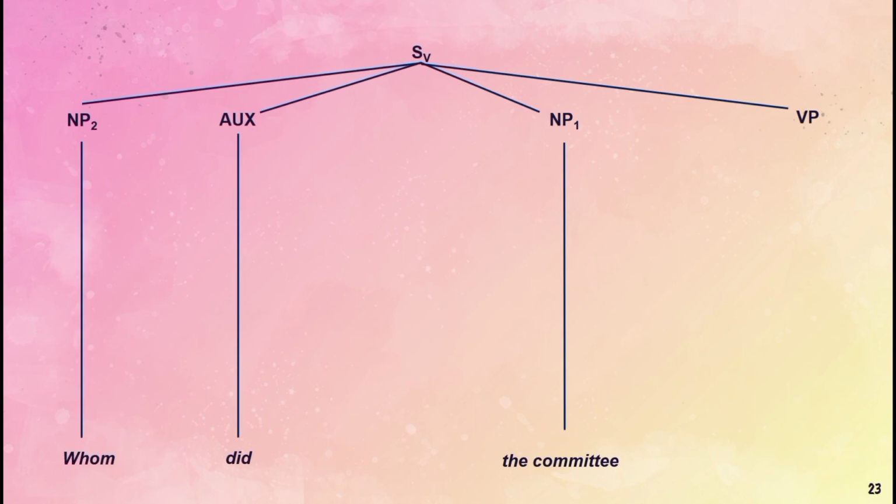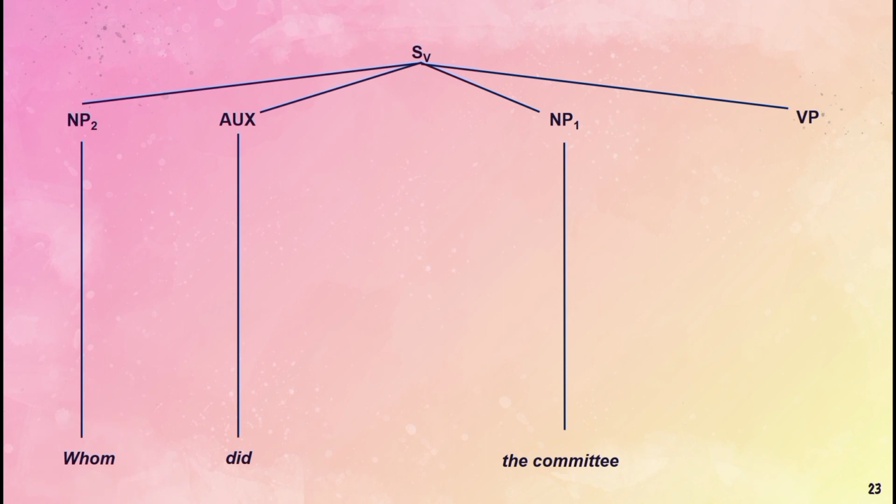So first we have SV, or sentence type V, and we will have four branches. The first branch is the noun phrase 2, the second is the auxiliary, the third is noun phrase 1, and the fourth one is the verb phrase. Under the NP2, we have the WH word, which is whom.